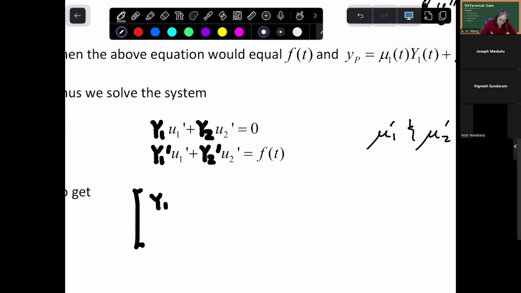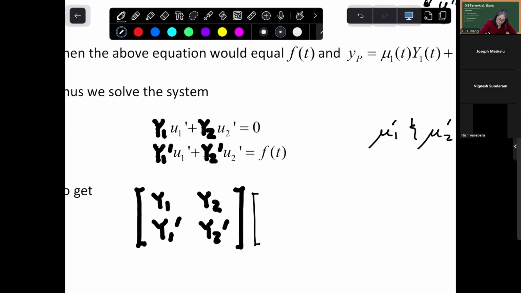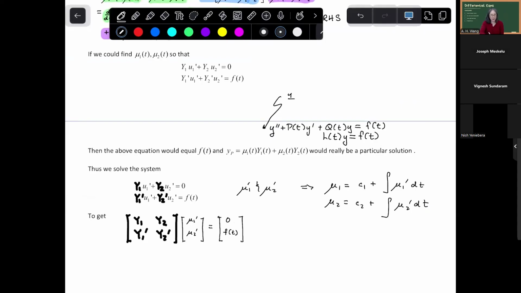This is y1, y2, y1 prime, y2 prime, and then you have mu1 prime, mu2 prime, and then you have 0, f of t.